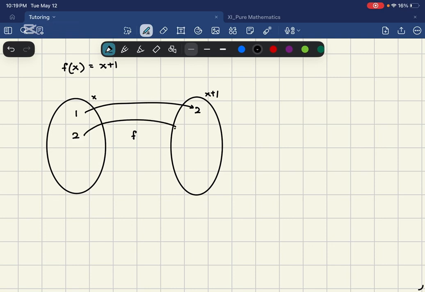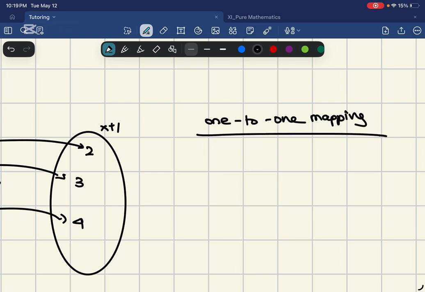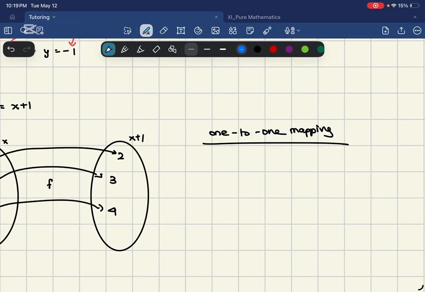If I have 2, it's being mapped to 3. If I have 3, it's being mapped to 4, and so on. So we have something called a one-to-one mapping. A one-to-one function is basically when no two inputs map to the same output.